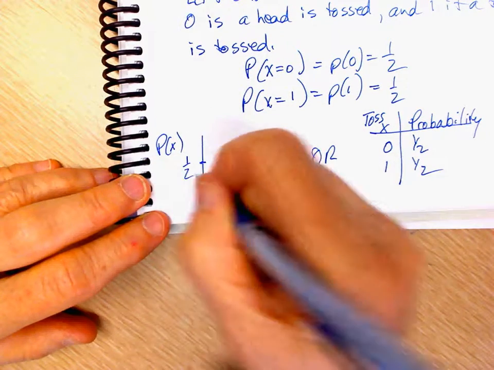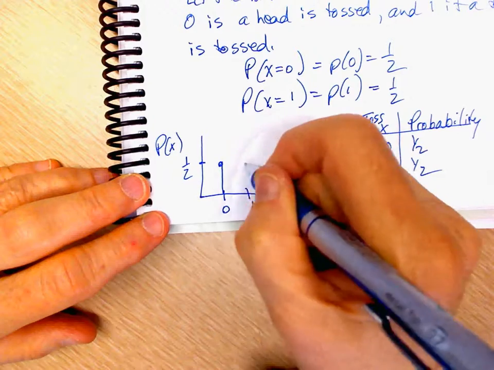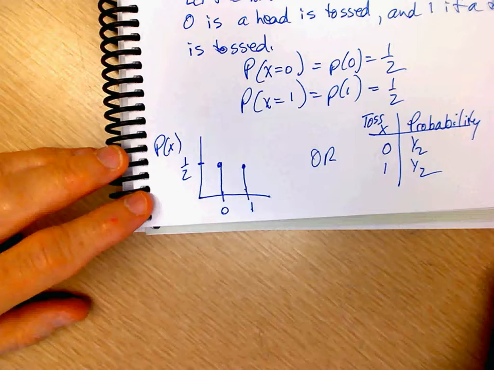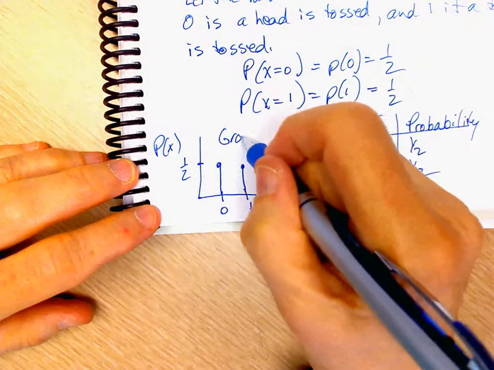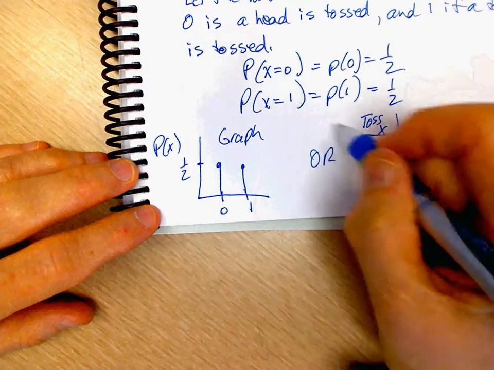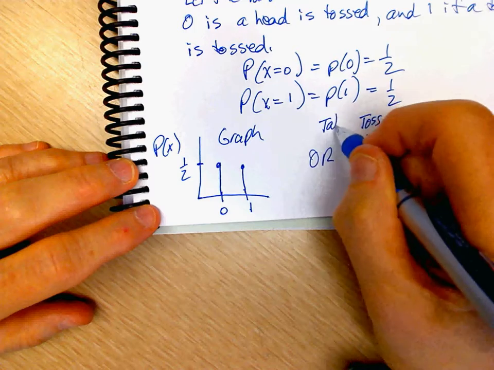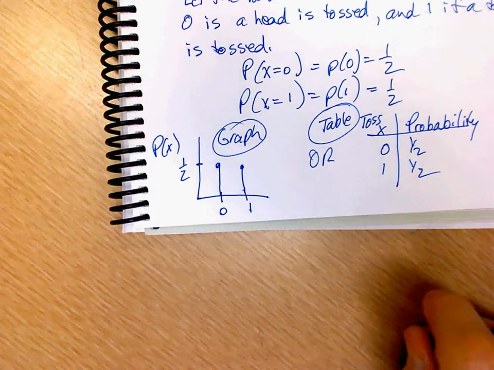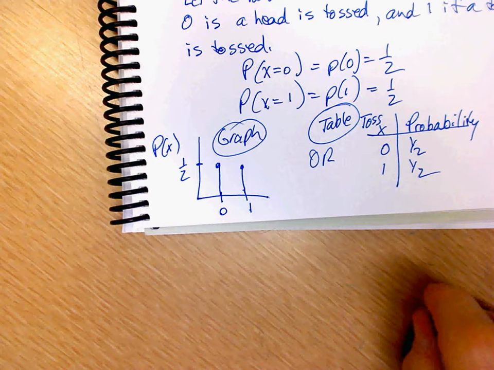And then they do these stick drawings, which I always found interesting. So this is as a graph, and this is as a table. You can show a probability distribution in either one of those two ways.